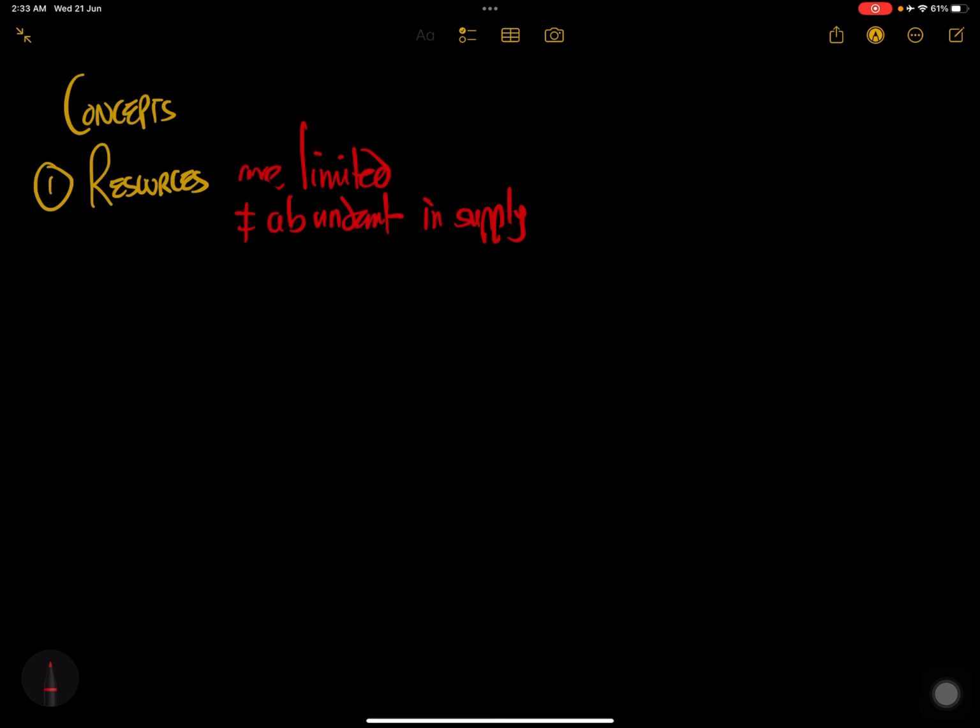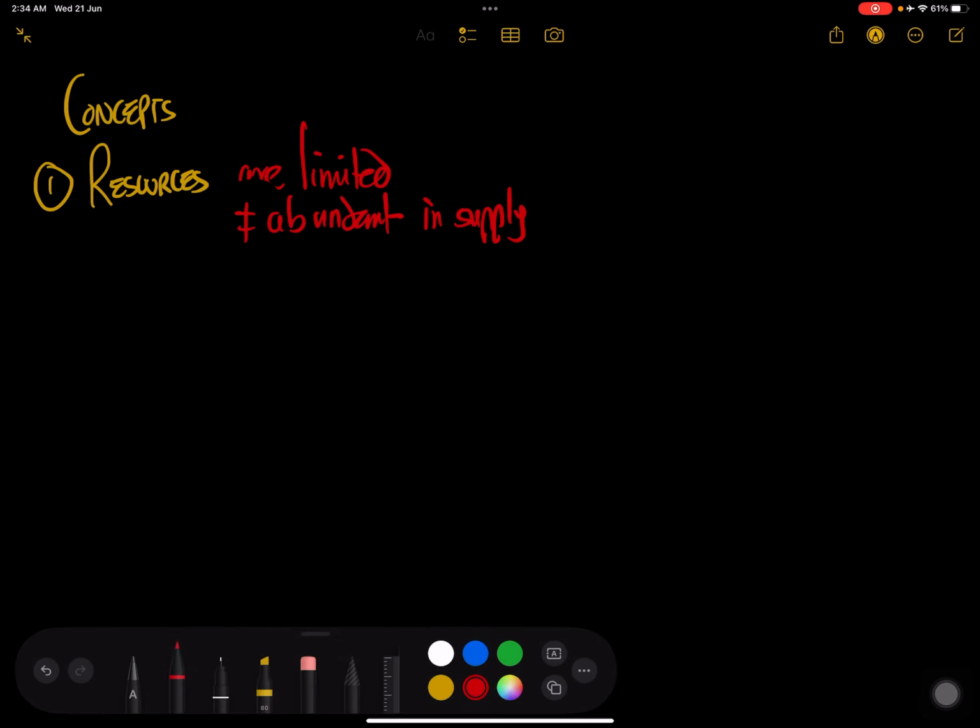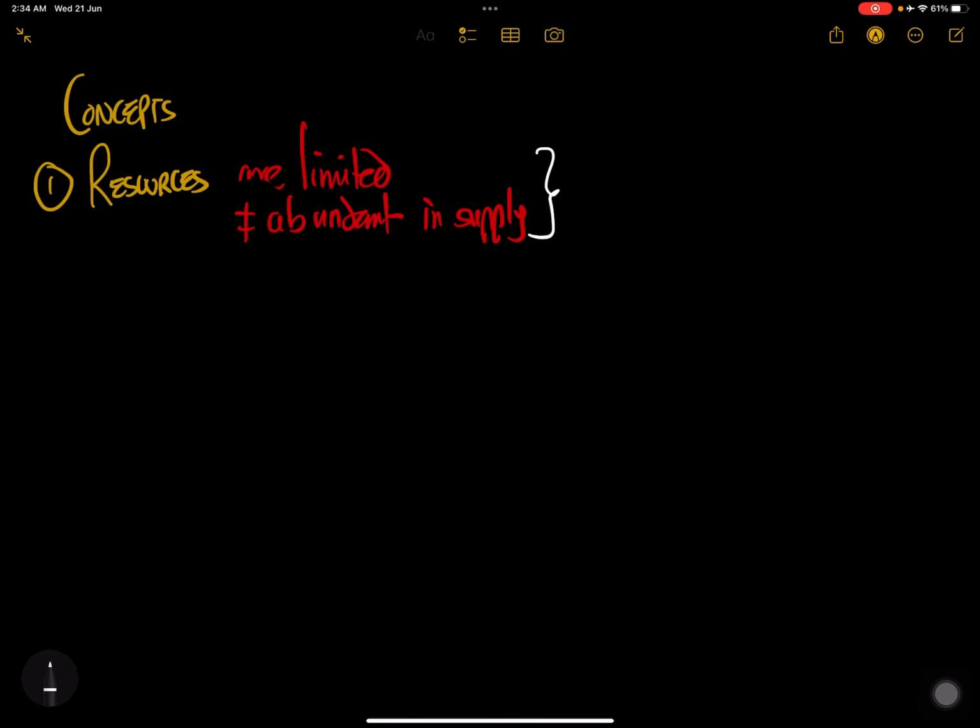Now, when a resource is limited in economics, it is known as scarcity. Now, we also have what we call our needs and wants.